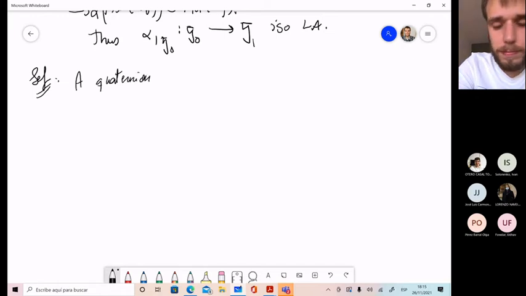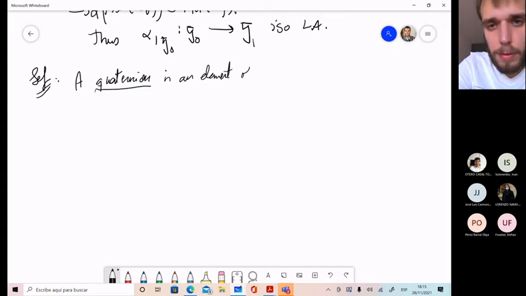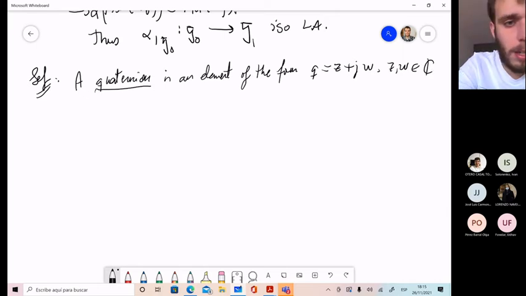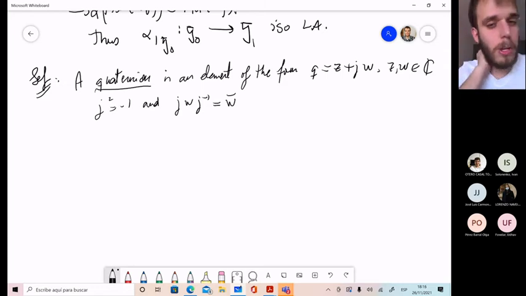A quaternion is an element of the form q equal to z plus jw, where z and w are complex numbers, j squared is -1, and conjugation by j is just the complex conjugation, okay?